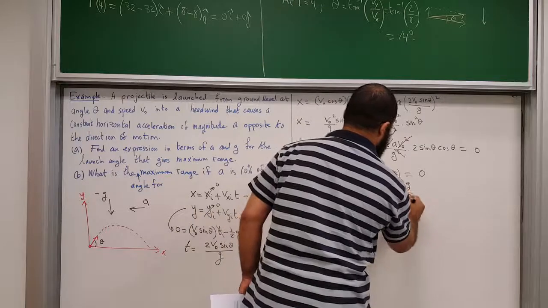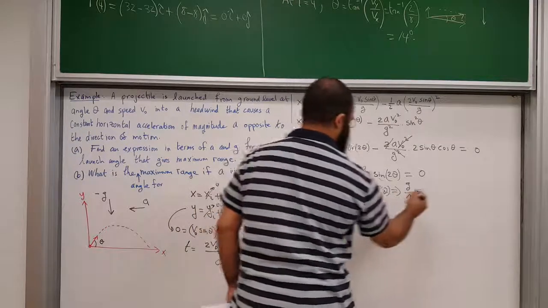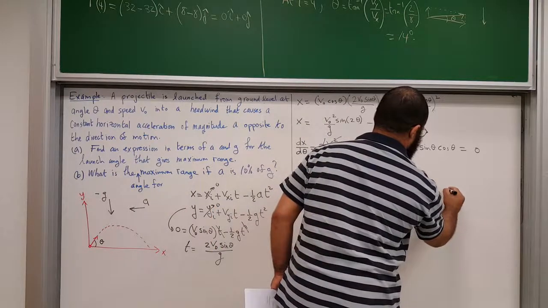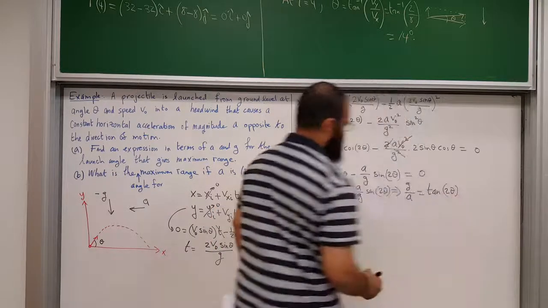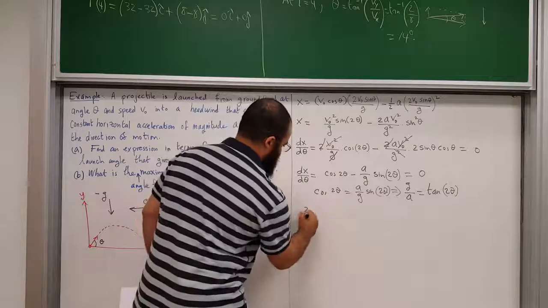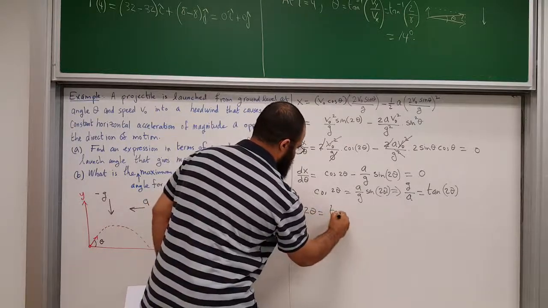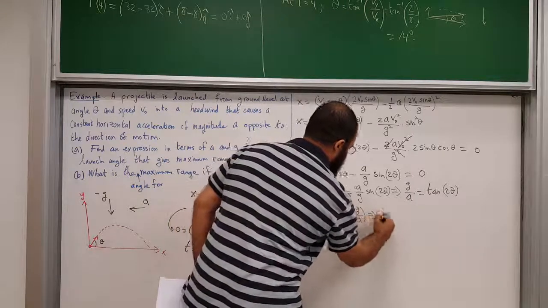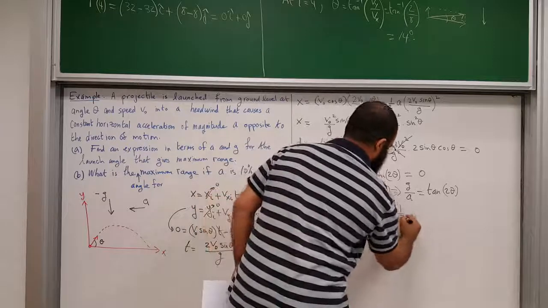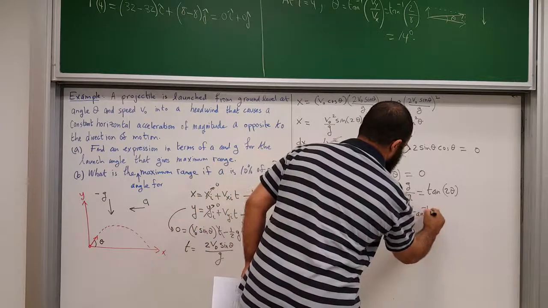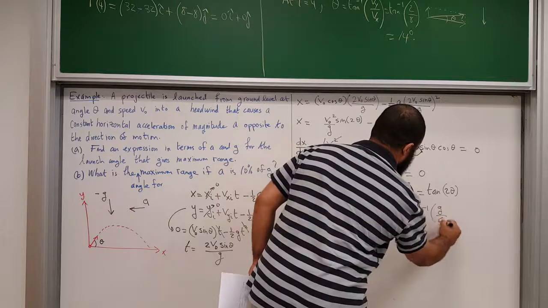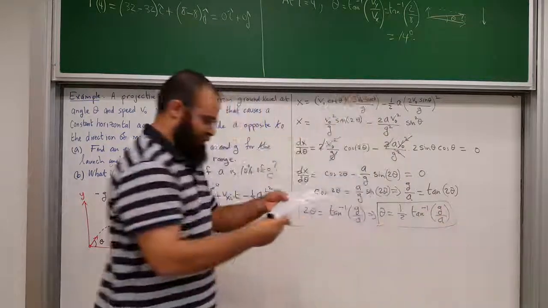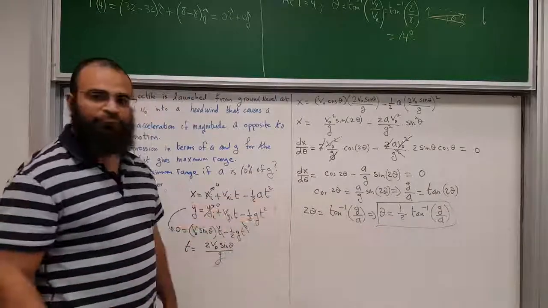Sine over cosine is tangent, so you have g over a equals tangent of 2 theta. That means 2 theta will equal the tangent inverse of g over a, and therefore theta will be 1/2 of the tangent inverse of g over a, like so. Let me make sure I did not make any mistake. 1/2 tangent, yeah, that's good.